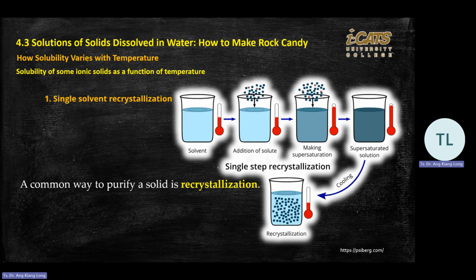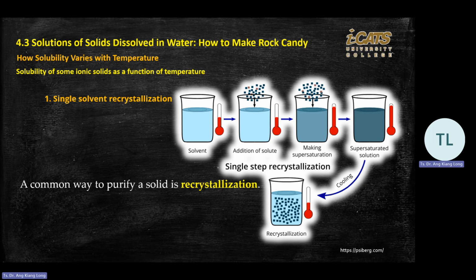One characteristic of ionic compounds is that you can form crystal-shaped solid, or diamond-shaped solid. So if you have single solvent crystallization, these are the steps. I won't ask you in a test or final exam. If I ask, I will let you know.